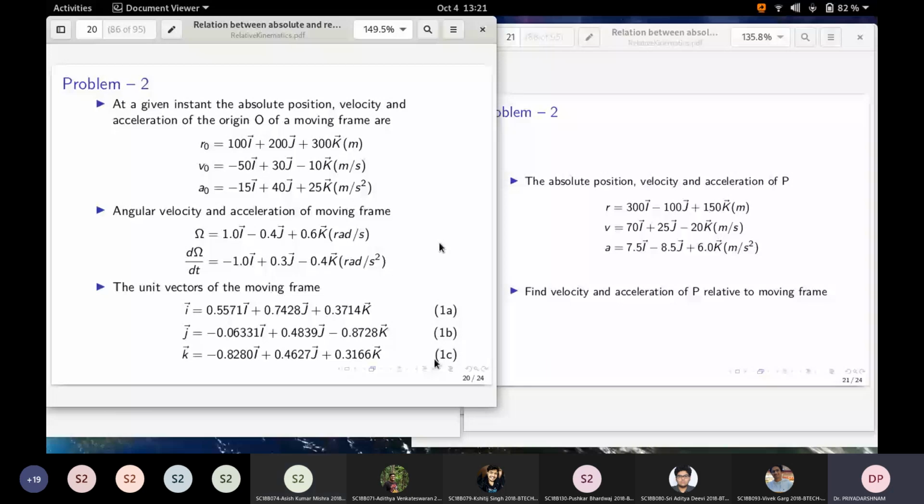Sir, relative position we can find as R minus R0, relative velocity as V minus V0, and relative acceleration as A minus A0. No, how does that become so? The acceleration of the origin is given, and the acceleration of P is given. So the relative acceleration with respect to the origin will be A minus A0.